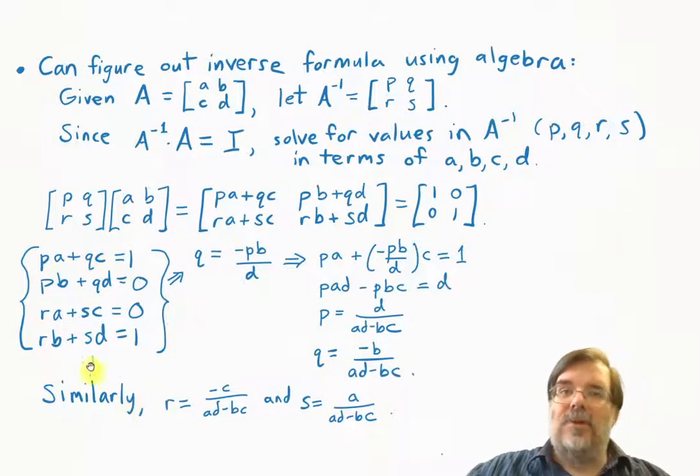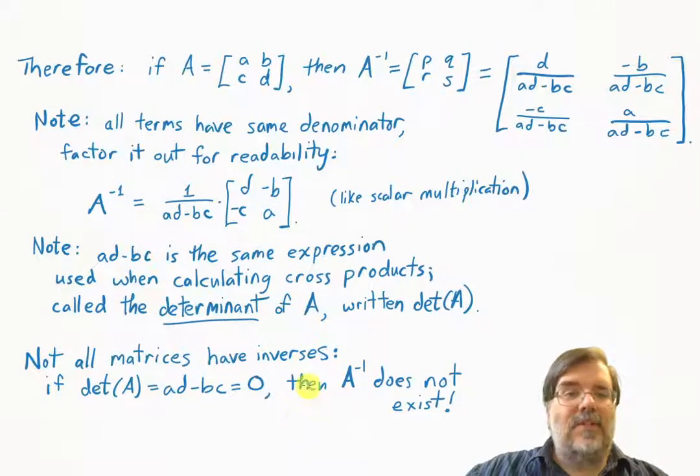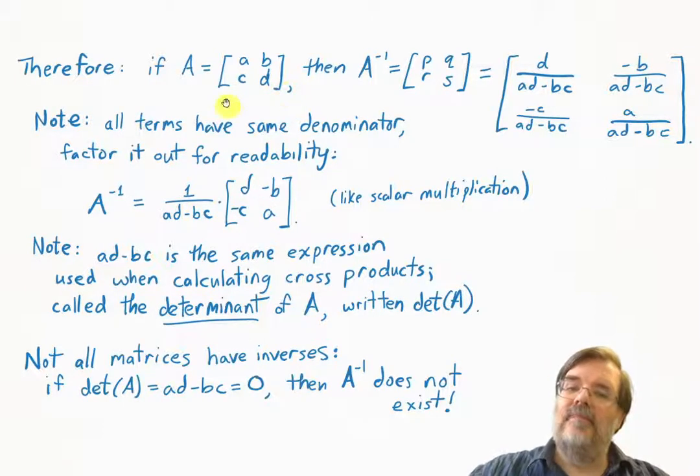Similarly, you could go through and solve the second pair of equations. You'd find these expressions for R and S. Right? And so that gives you the formula to calculate an inverse. We can simplify it a little bit, so we're going to do that to hopefully make this formula easily memorable.